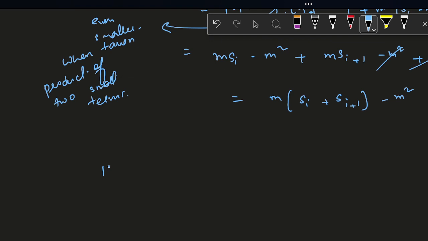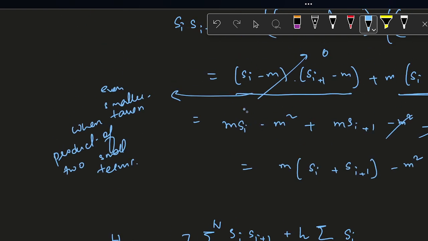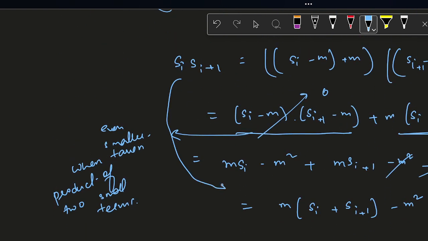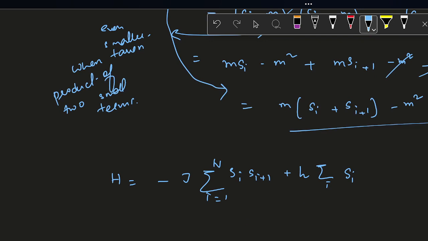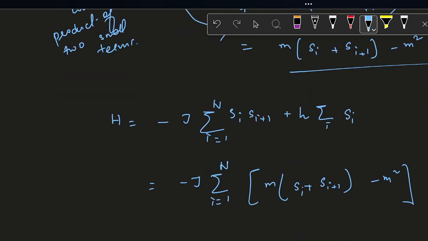So now once you have got that, we can plug it into our actual Hamiltonian. So our Hamiltonian was this interaction term, and then the second term is plus h sum over Si, where h is the external field that is applied. So we have calculated the Si Si+1 under mean field approximation. So this value we have obtained, and we'll just plug it in here. So this is minus J sum from i equals 1 to n of m Si+1 minus m squared, plus h sum over i from 1 to n of Si.